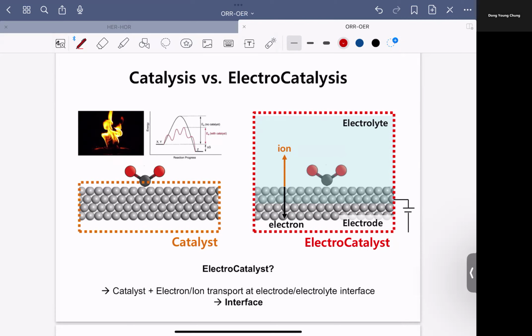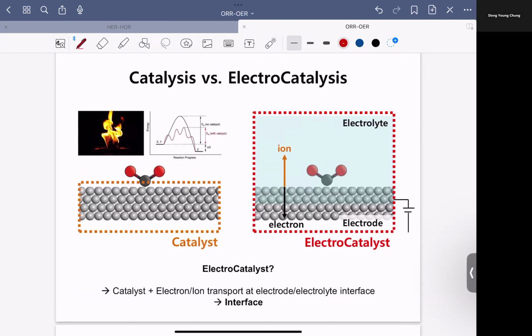We would like to control the interface or intermediate adsorption energy, and we call it activation energy, right? So this is a very important concept in catalysis. Not surprisingly, this idea still governs in electrocatalysis, but you have to think about how the electrolyte affects the intermediate or a reactant, right?